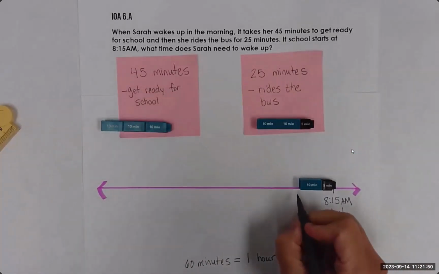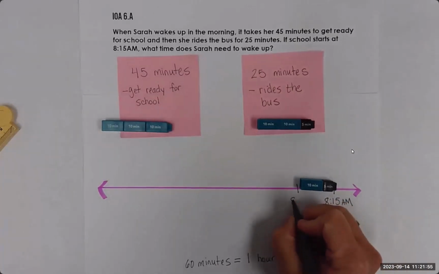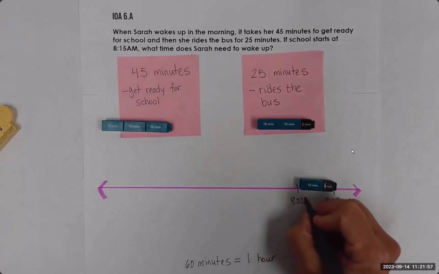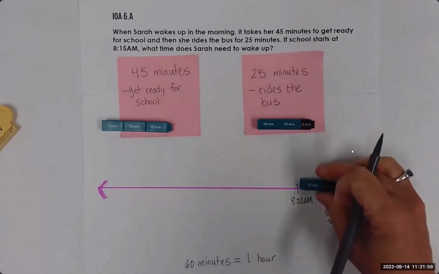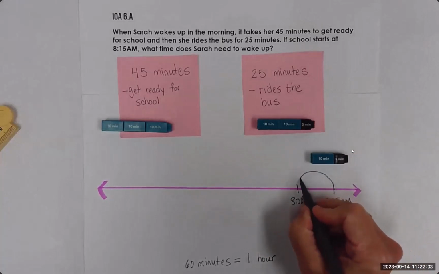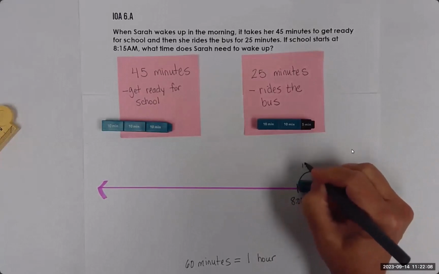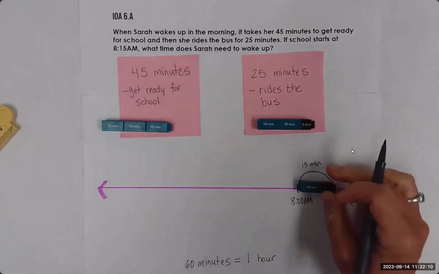So if I subtract out 15 minutes, then that is going to bring me back to 8 a.m. So I can kind of show that here, 15 minutes. Okay.